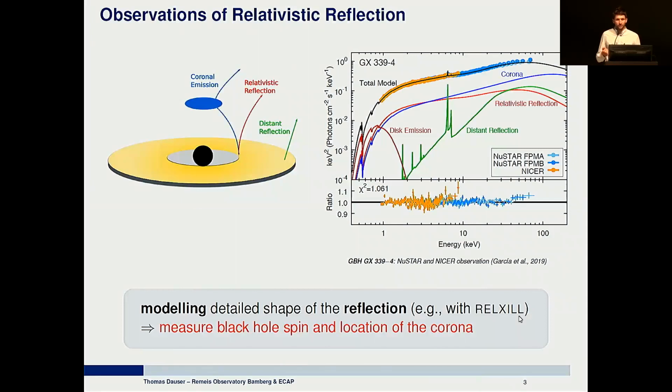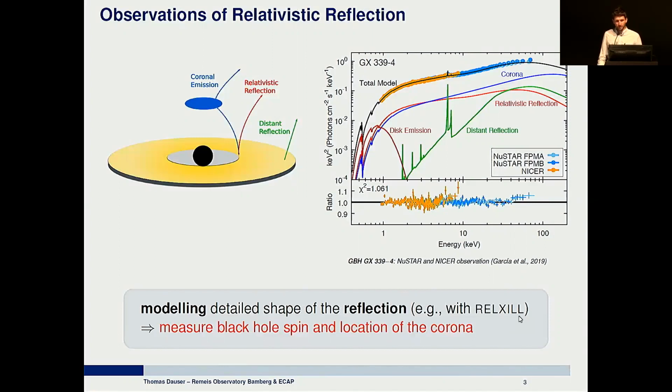But first things first, I'll start with a very brief introduction slide to bring everyone on the same page. Here on the left-hand side, you can see the picture we generally have in mind. We have coronal emission, shown in blue, irradiating the inner part of the accretion disk, and due to GR creating reflection there. Due to GR effects and the very rapid movement of the accretion disk, this reflection is distorted, and then we can observe it.